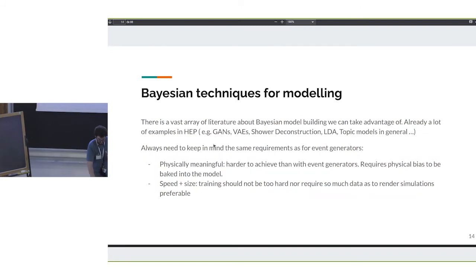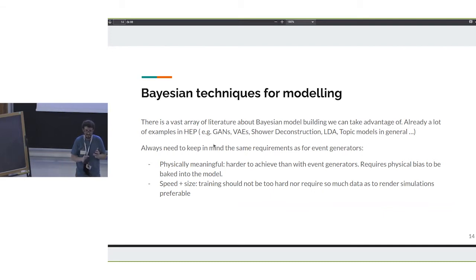So for modeling in particular, there is a lot that we can take advantage of, and there is a lot already done. For instance, the use of GANs, VAEs, and the shower deconstruction algorithms, LDA, topic models in general, where we have a lot of surrogate models that are built at least with some Bayesian undercurrent.